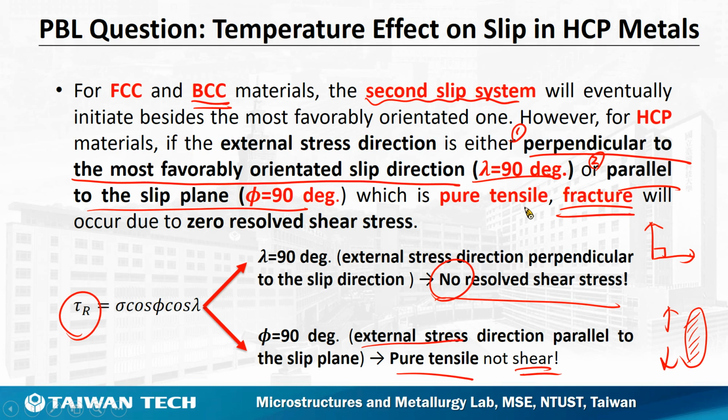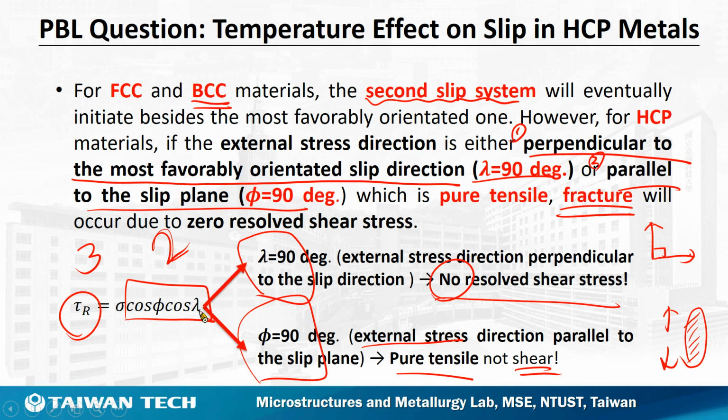For example, if we have only three slip systems, one of them could match this condition or this condition, but we still have the other two. And why do we need to increase the temperature? This is because for these two conditions, the Schmid factor could be very low.